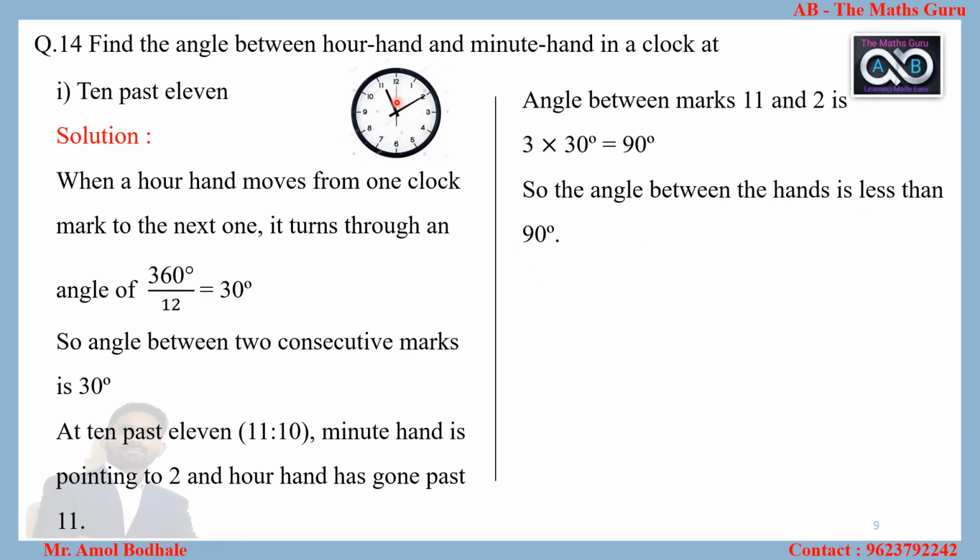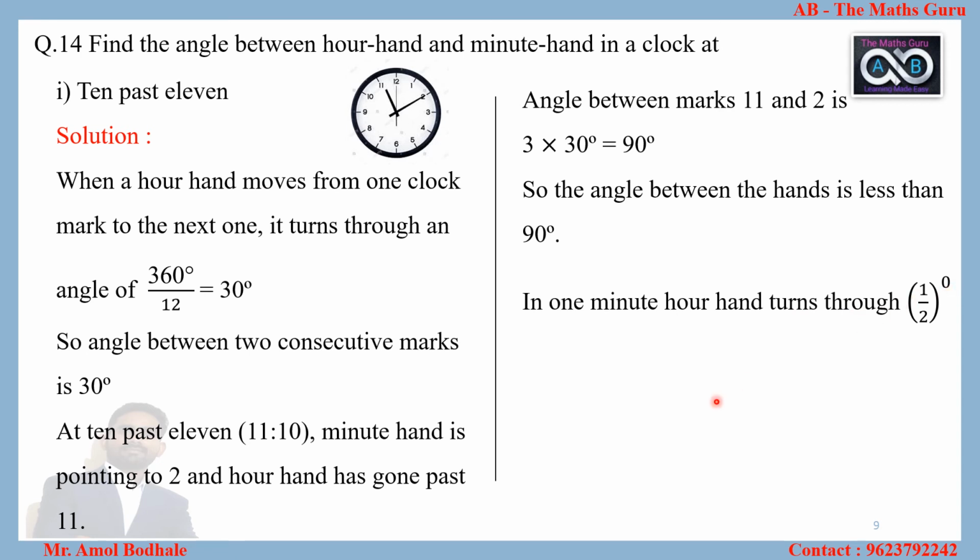Now how can we calculate the angle traced by the hour hand in 10 minutes? As we know, when the hour hand moves for 60 minutes, it turns through an angle of 30 degrees.